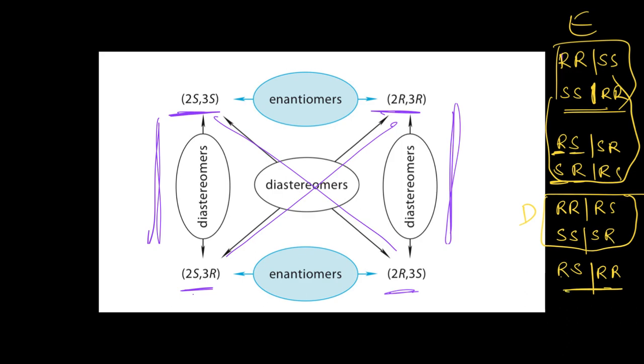So keep in mind, when more than one chiral center is there, if any one has the same configuration and the remaining are different, they are called diastereomers. Enantiomer means R requires opposite S, and S requires opposite R. Such a configuration is called enantiomers.